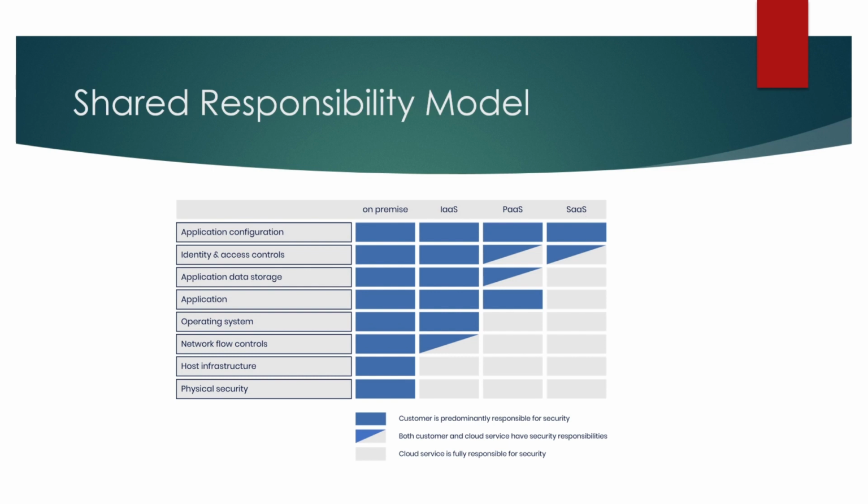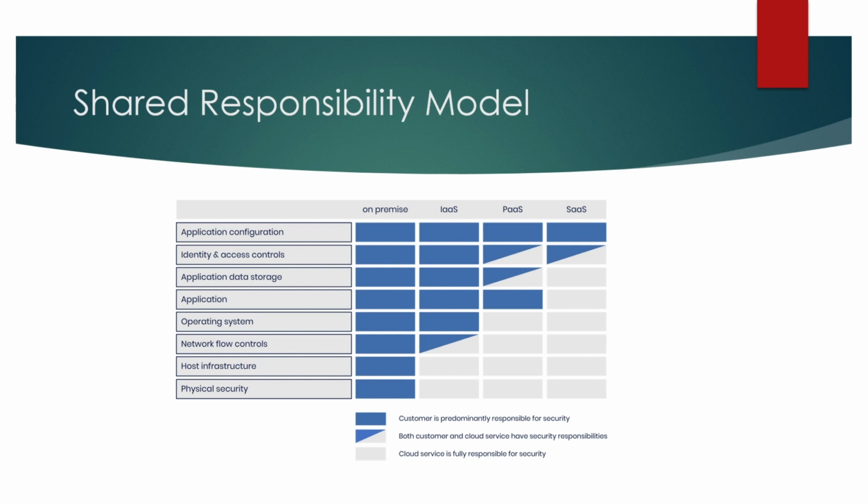In software as a service, almost everything is owned by the cloud vendor. We get the application, we simply use the application, but we are partially responsible for the access controls, identity, and the configuration. So for instance, Gmail would be a perfect example of a SaaS solution. In the case of Gmail, we don't own the application. We don't need to think about its availability, how it's deployed, how it's secured, and everything. It's all taken care of by Google.